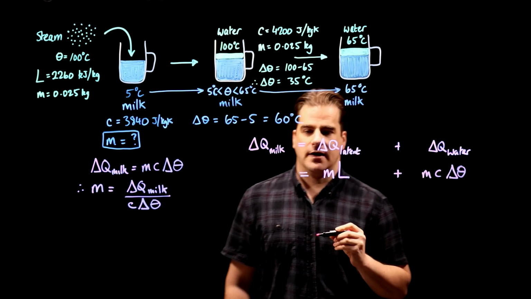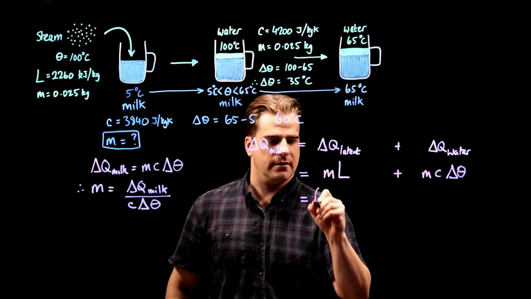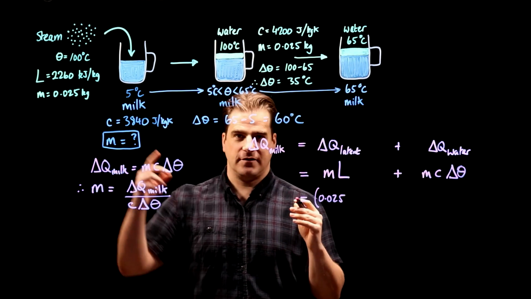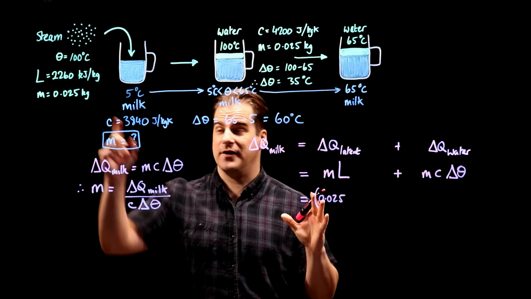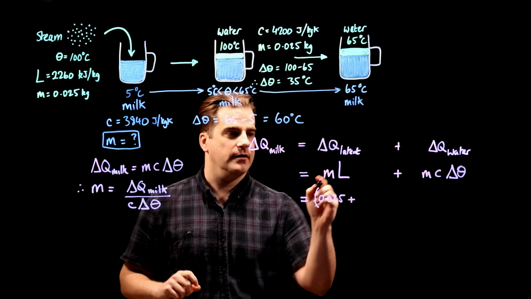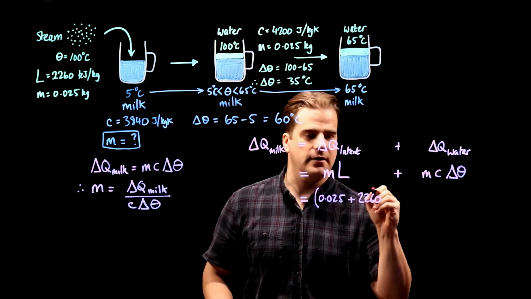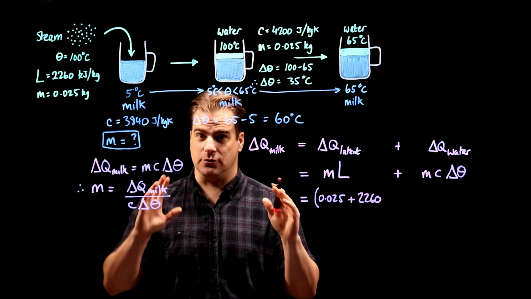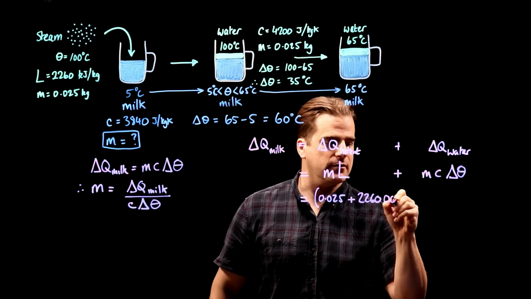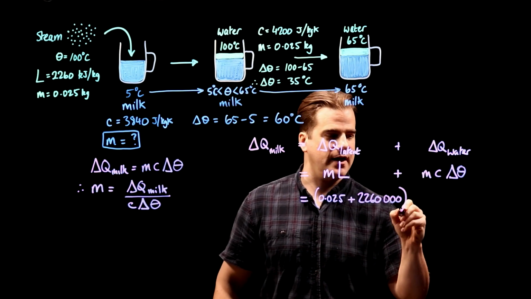Okay, right, let's stick in some numbers. The mass is 0.025. They give it to you in the question in grams. Don't forget to convert to kilograms, very important. Easy way to make an error. L is 2260, again kilojoules per kilogram. You need it in joules per kilogram, so convert it.